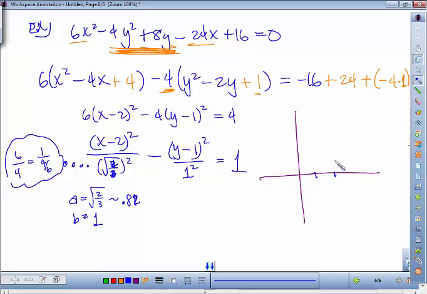Center at 2, 1. Now along the x-axis, that's that number under the x. I'm moving about 0.82 units to the left and to the right. So that's going to end up being my vertex. Because the x is the one that's positive, I'm going to move along the x. This is going to be a sideways hyperbola. And my b goes up 1.